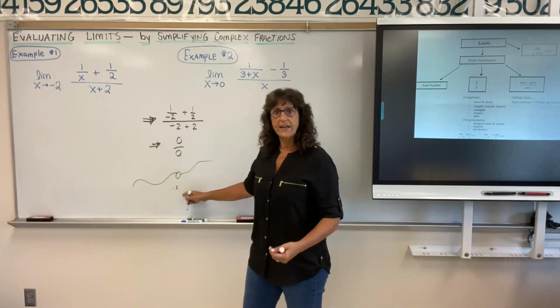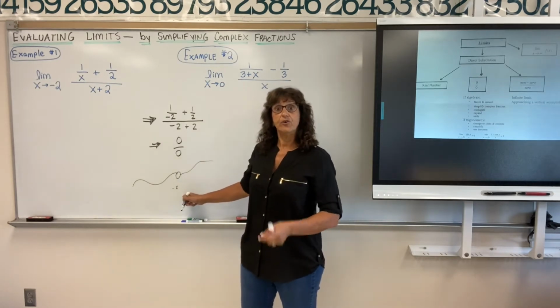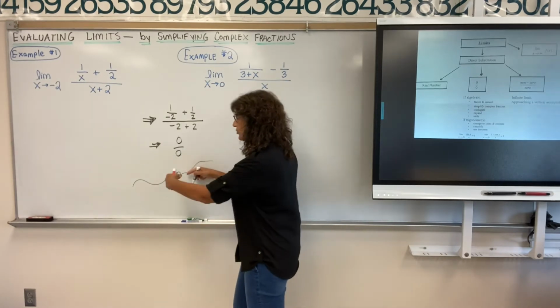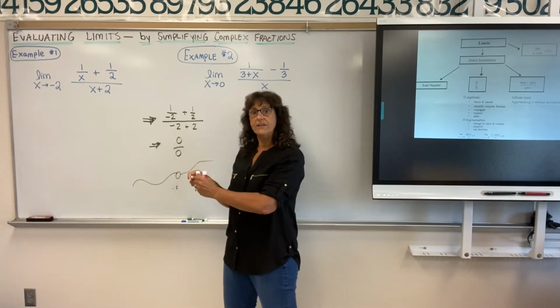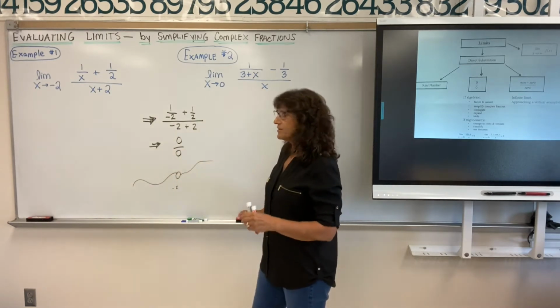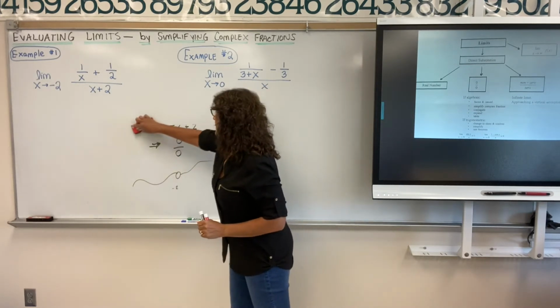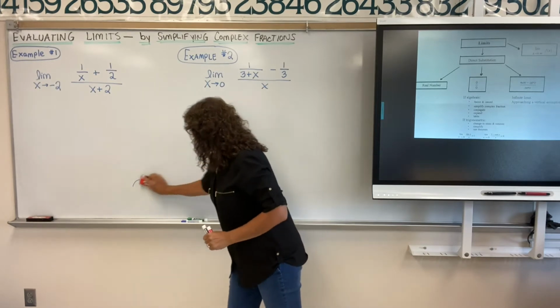So this function is not defined at x equals -2. However, the left and the right are going to the same place on the y-axis. I just drew this arbitrarily. We don't know where it's going yet, but it is going to the same place, and we are going to figure out where. So how do we figure that out?